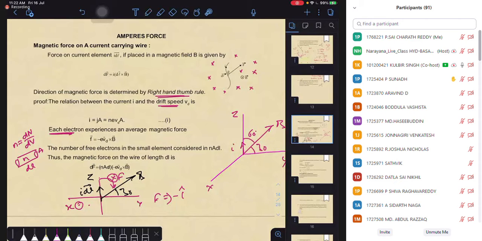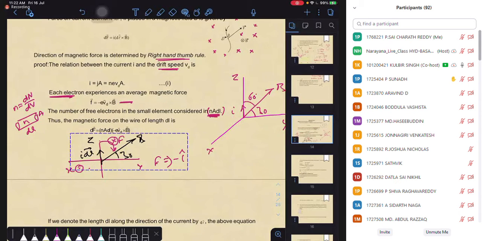Small n we have taken is unique for every metal. So every metal has a unique concentration of electrons. So the total number in the small volume is the area into length into my density. So for one electron, that is the force, multiply with the number of electrons, that will give me the force experienced by all the electrons, right?